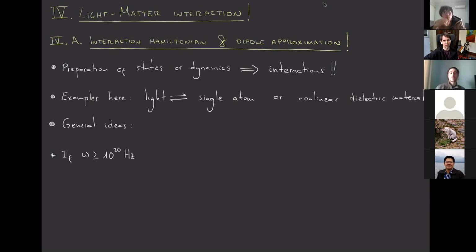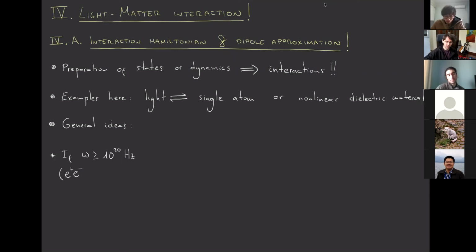These are not optical frequencies; optical frequencies are 5 orders of magnitude smaller. These are maybe X-rays and things like this, so very high frequencies. And I didn't choose 10 to the 20 by chance. I chose it because this frequency corresponds to twice the mass of the electron, okay?